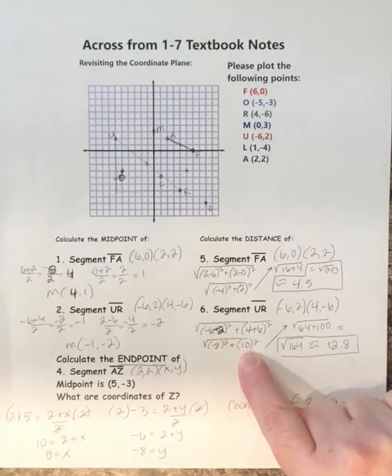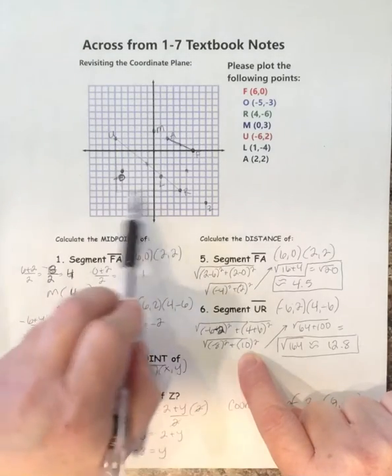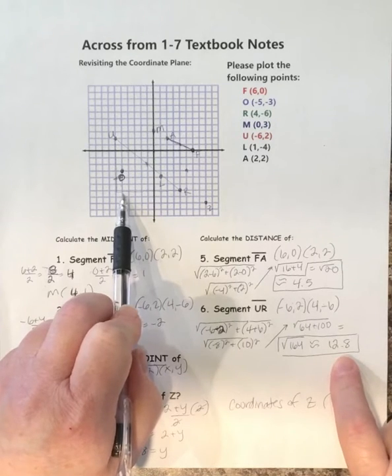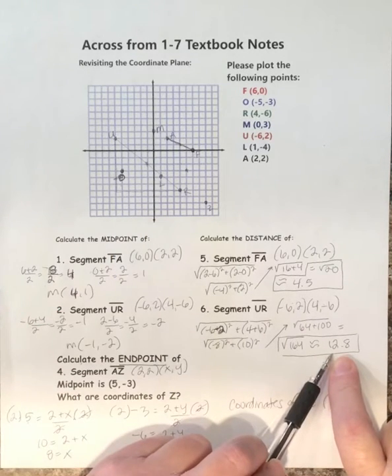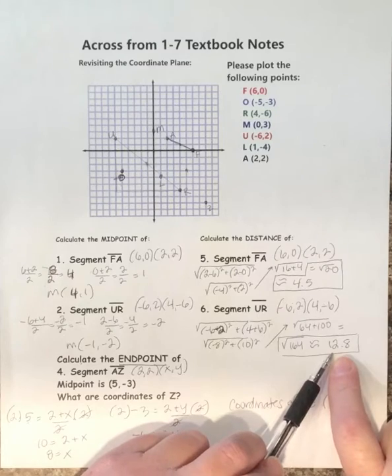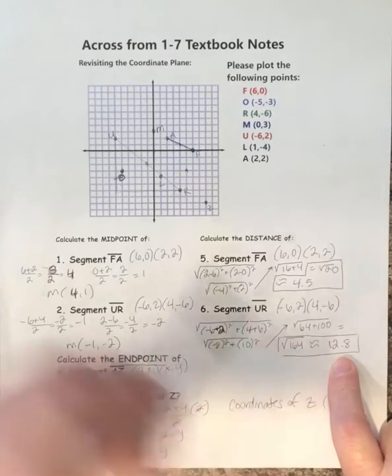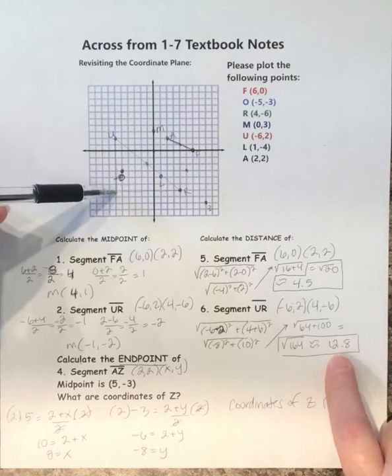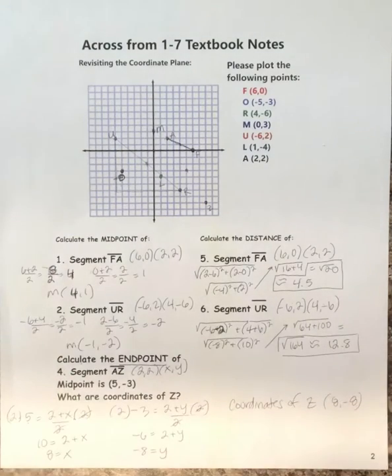That's the Pythagorean theorem. And again, if my longer leg is 10, my hypotenuse has to be the longest side. So this 12.8 is at least a reasonable answer. And also my 8 and 10 matched what I just counted out. So that's the basics of midpoint and distance.